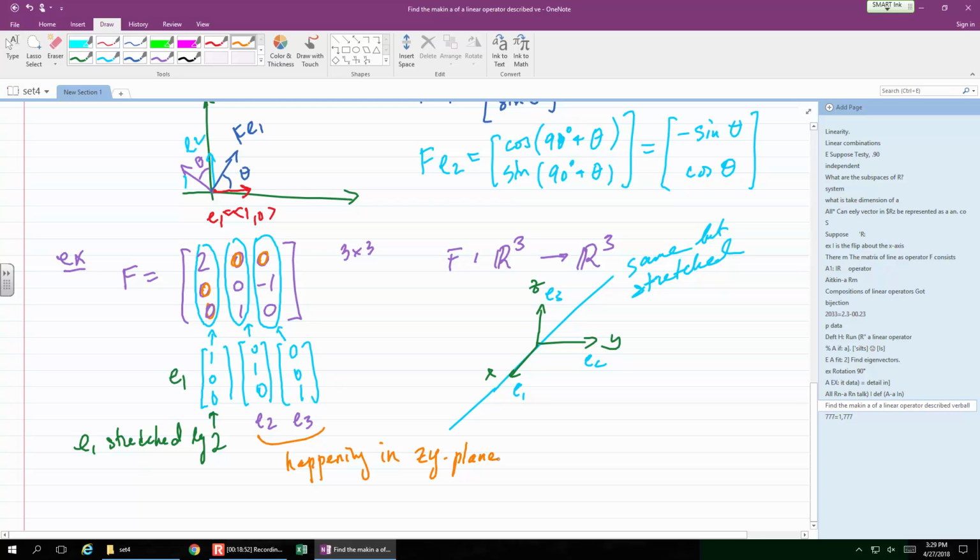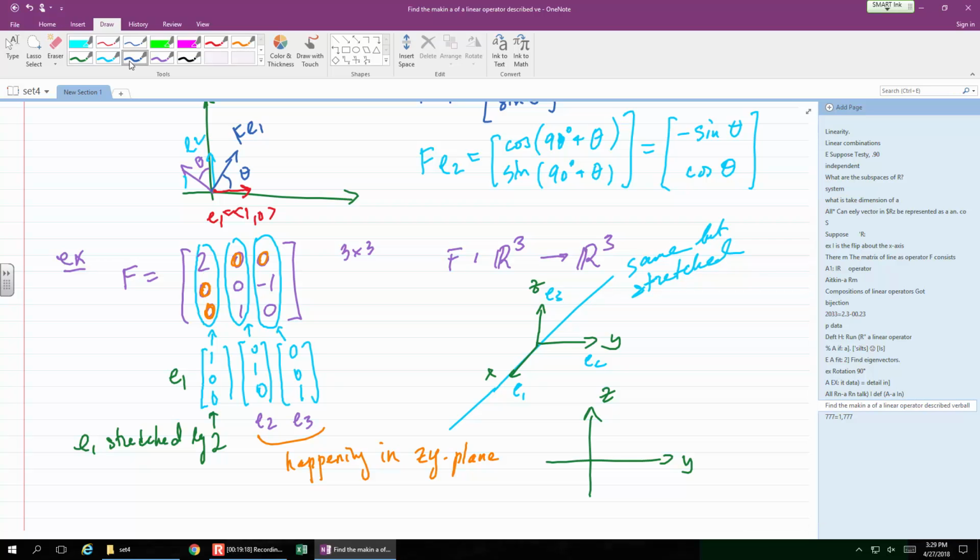Because we are not stepping off that plane. Why? Because of those 4 zeros that I pointed out. Which means that to understand what's happening, we could just throw out E1 and look at this YZ plane. Okay, and then we have those two vectors.